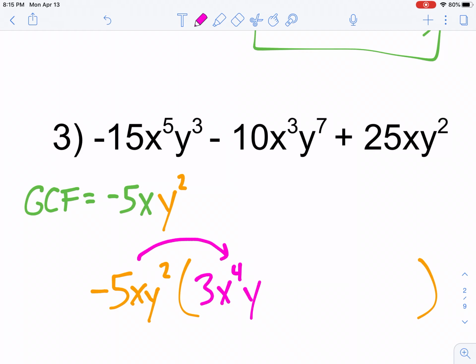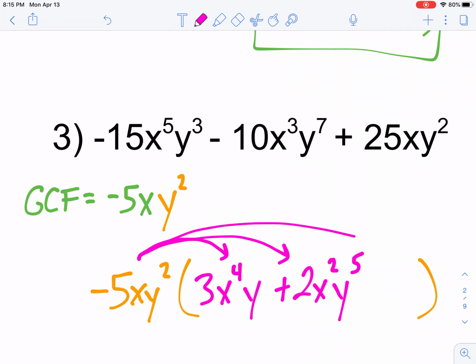All right? Then we got to go from negative 5 to negative 10, so we have to multiply by positive 2. We have to go from x to the 3rd, which will need x squared. And then to go from y to the 2nd to y to the 7th, we need y to the 5th. And then finally, the last one, we need to go from negative 5 to positive 25.